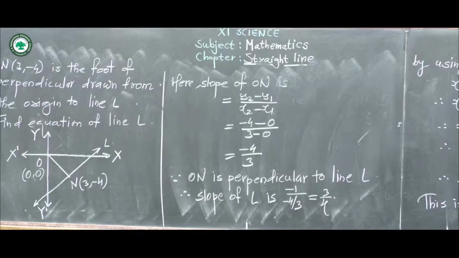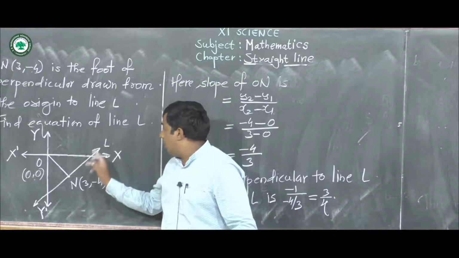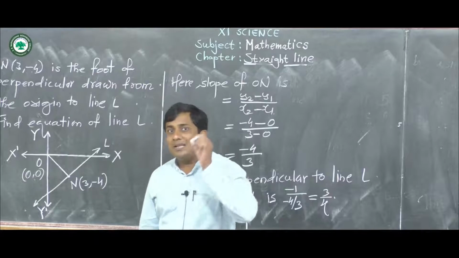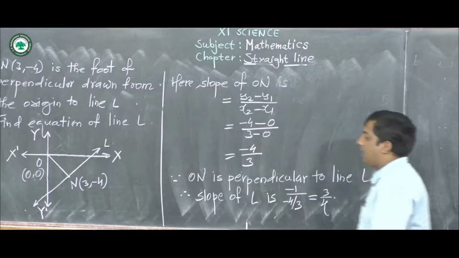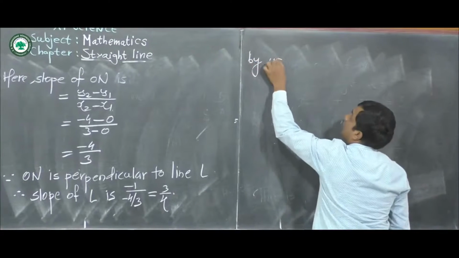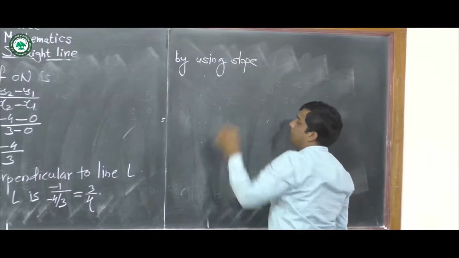Now we go with our next part. Here we know slope of line L. Here we know the point which is on the line L. So by using slope point form, we find equation of line.